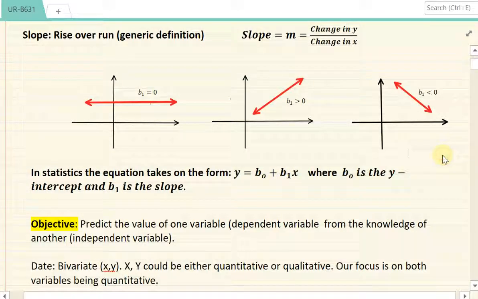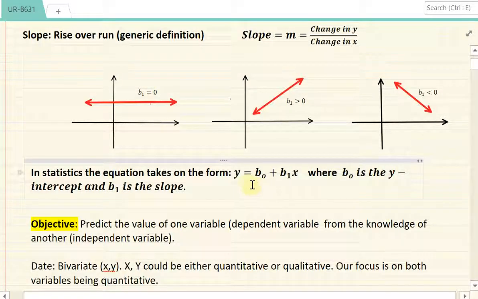So it's a much better way of doing business, and therefore we're going to follow that convention. The equation of a line in statistics is going to be b sub 0 plus b1x, where b sub 0 is the y-intercept and b1 is the slope, the number that multiplies x.